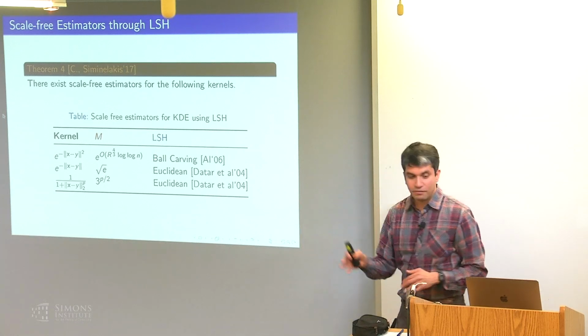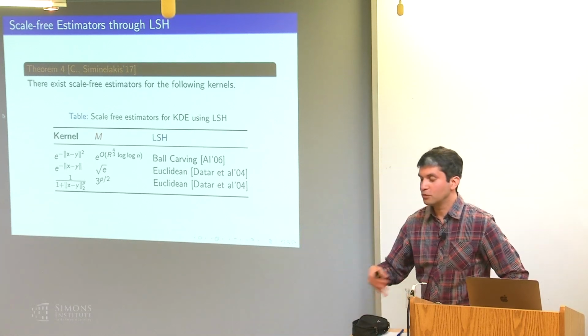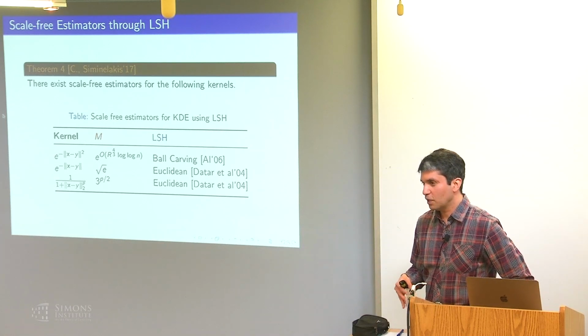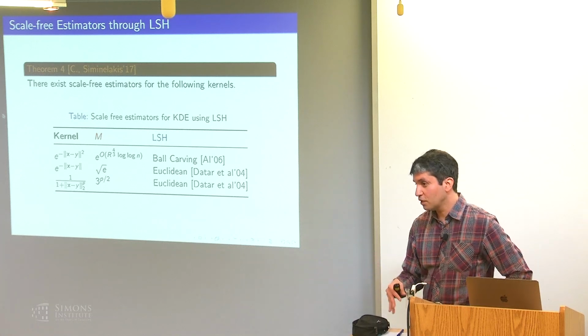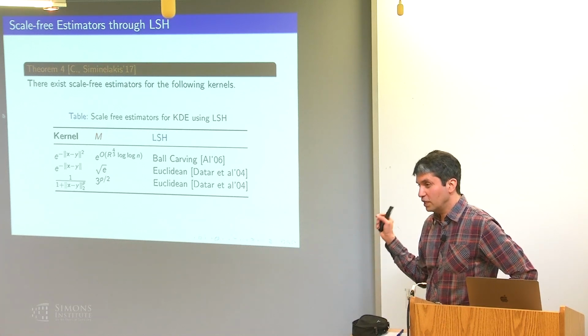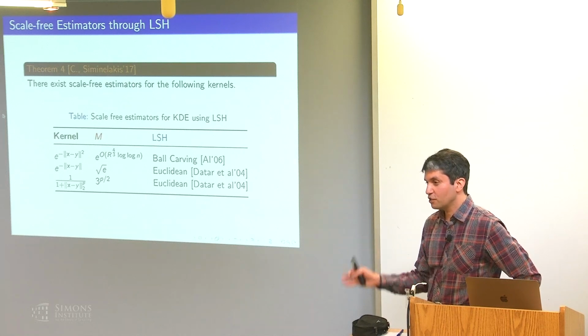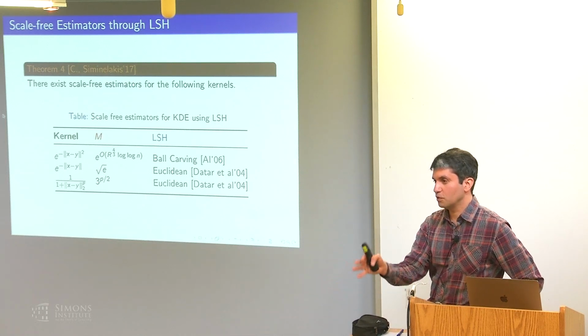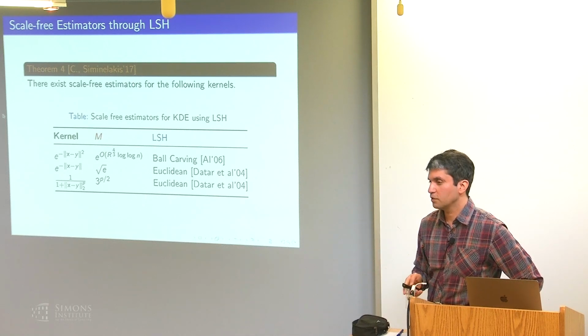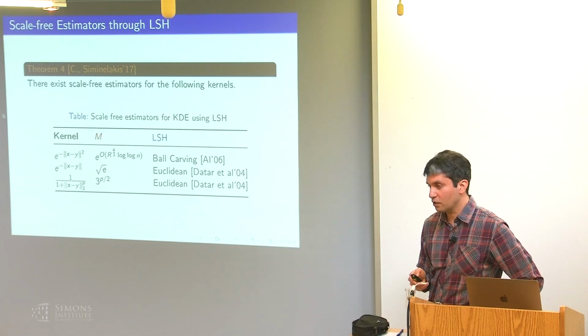So if you were not going to commit to the kernel, but might pick from a variety of kernels, then you would need to design different data structures for different possible choices of the kernel. That's certainly one drawback of this approach.